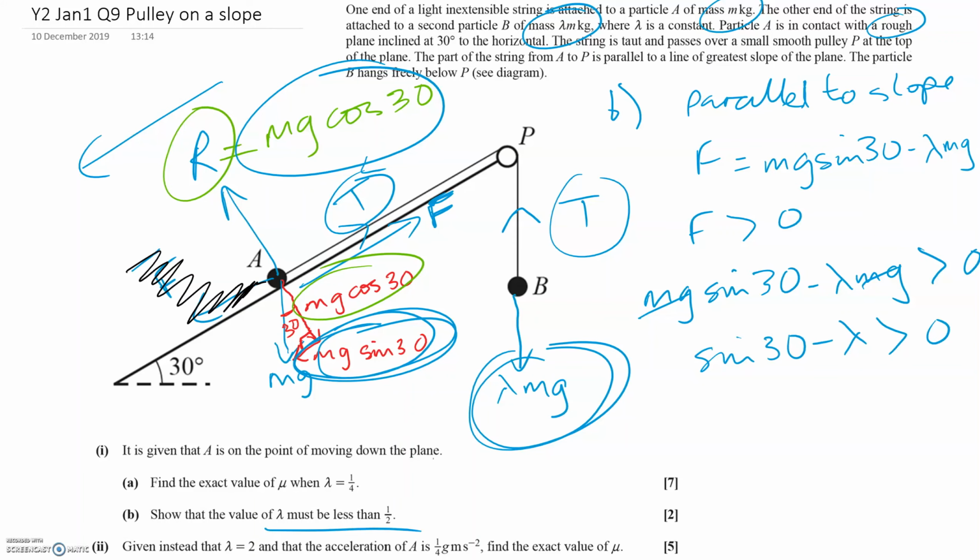In other words, lambda has got to be less than sine 30, and sine 30 is a half, so lambda has to be less than a half.